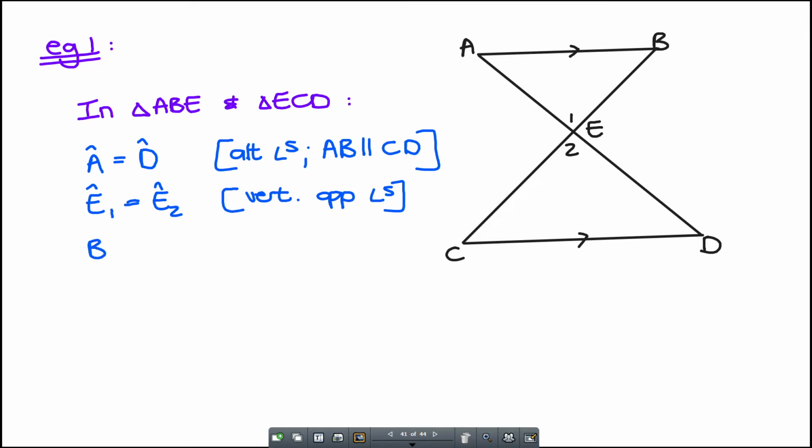Just for those of you that's not seeing it, have a look, there's the Z again. So B and C. Does everyone understand that one? Okay, so again I'm going to say alternate angles because AB is parallel to CD.